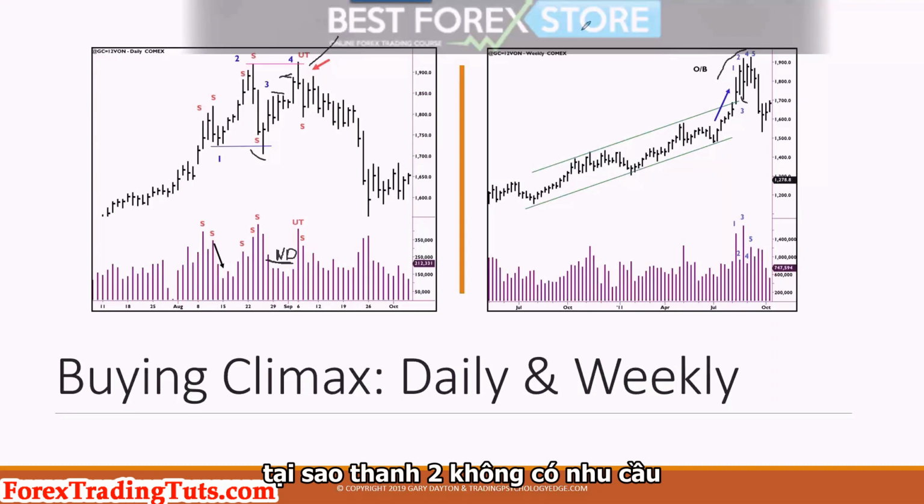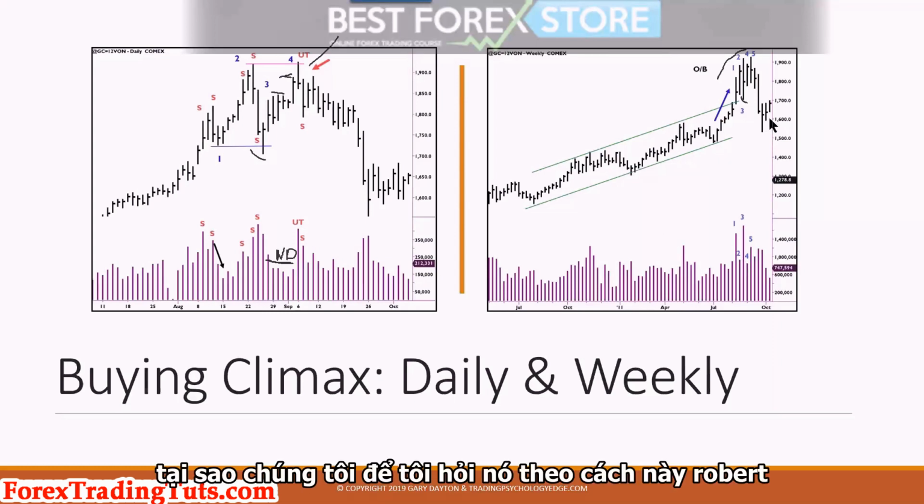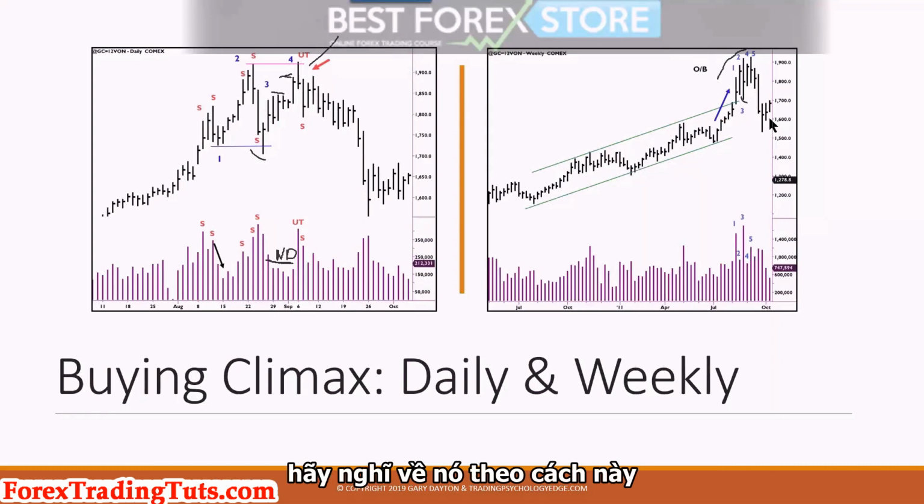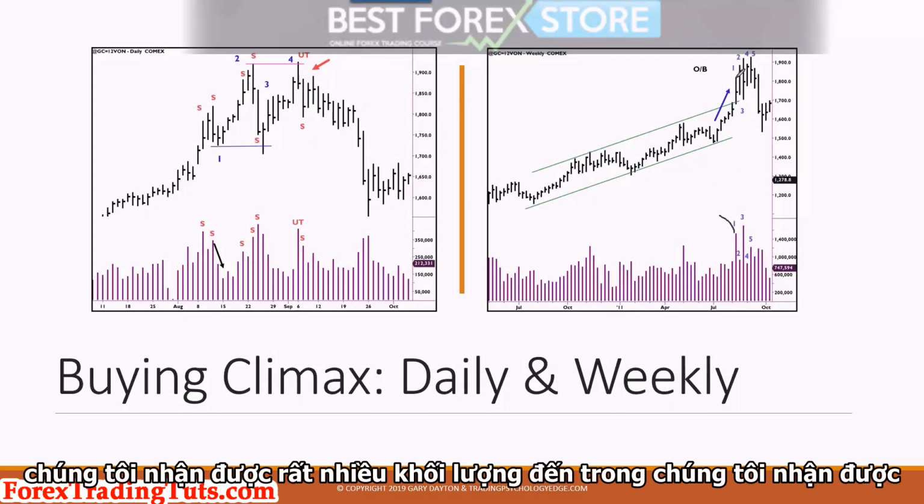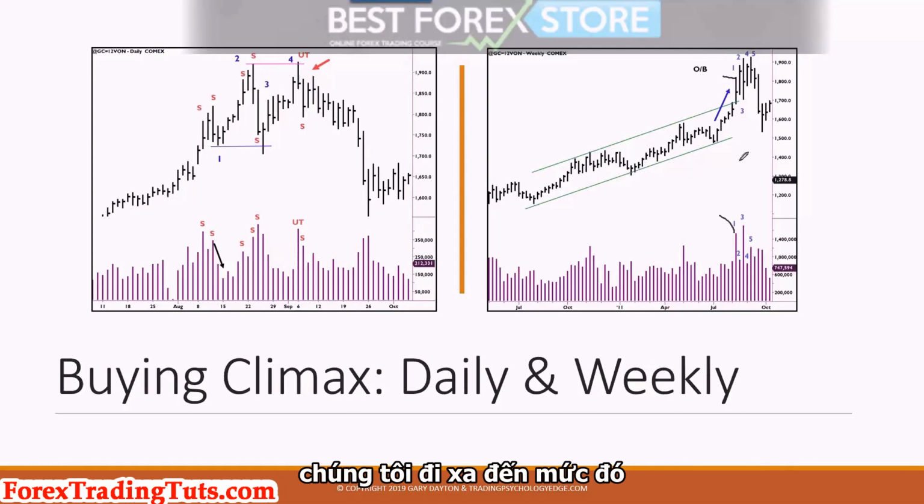Why is bar 2 no demand? Bar 2, where's bar 2? Because of the light volume going up. Let me ask it this way. Robert, think about it this way. On bar 1, we get a lot of volume coming in. We go that far.